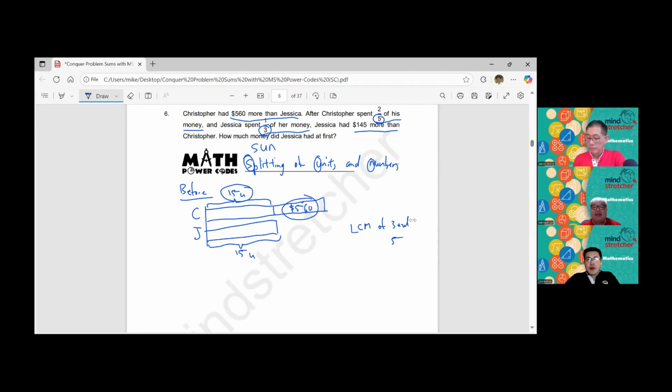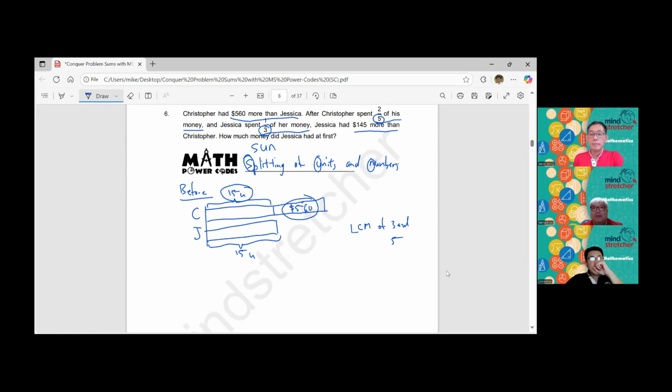So when Christopher spends 2/5 of his money, I don't only take 2/5 of 15 units. I will have to take 2/5 of 15 units, and also 2/5 of 560.